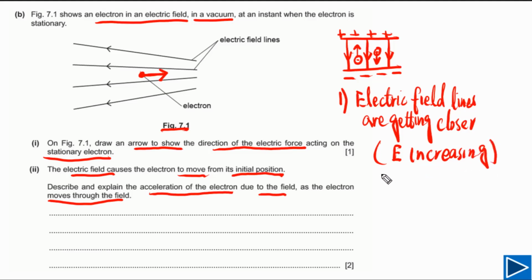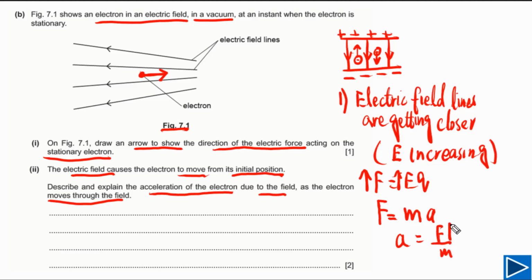So if E is increasing, how about the force? Force F is equal to EQ. Q is the charge on the electron. If E increases, it means the force will increase. If the force on the electron is increasing, we understand F is equal to MA, so A is F over M. The mass of the electron is not changing, so A will increase.